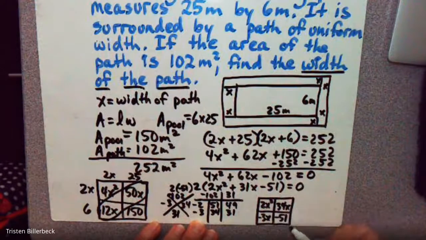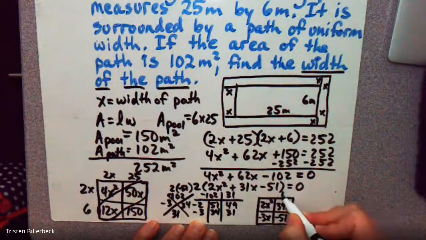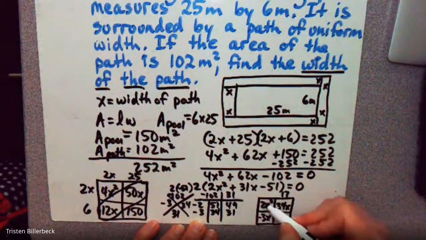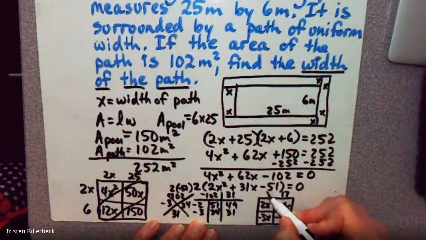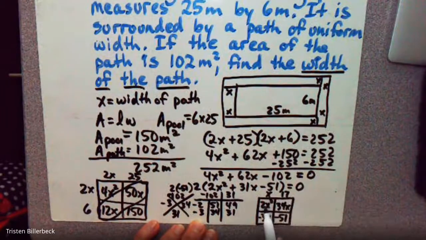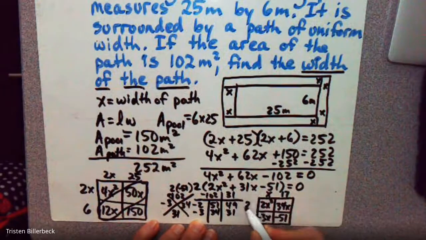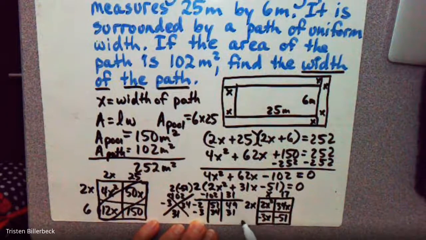Okay, 34 and 51 have 17 in common. 2x squared and 3x have x in common. 2x squared and 34x have 2x in common, and negative 3 and negative 51 have negative 3 in common.